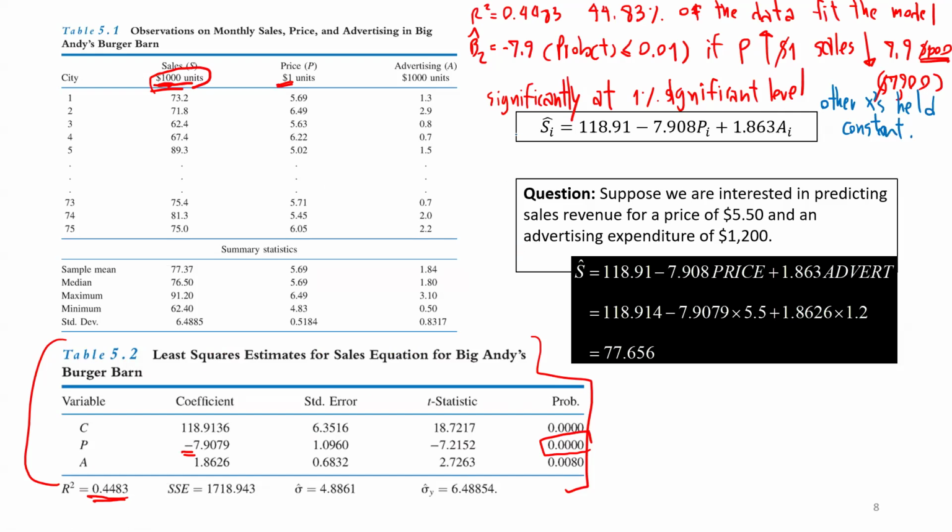We have to interpret it as: advertisement here is constant. If advertisement is constant, then when we increase the price by $1, the sale decreases by $7,900, significant at 1%. Okay, so this is what you have to add in your sentence.